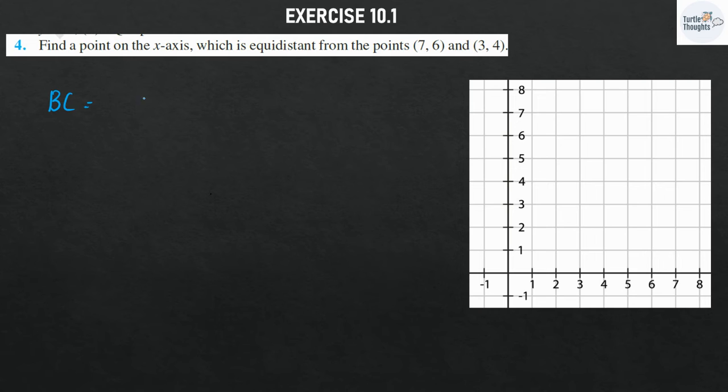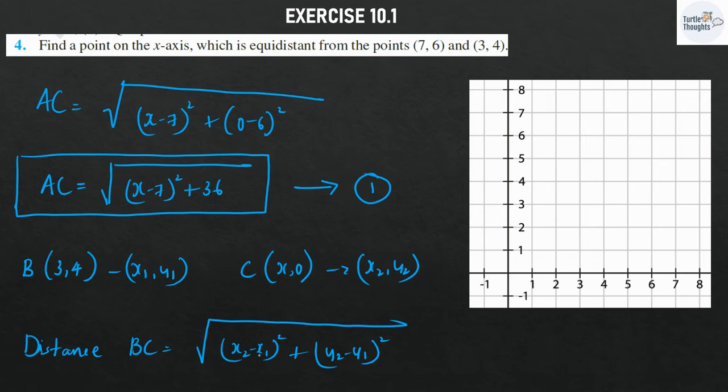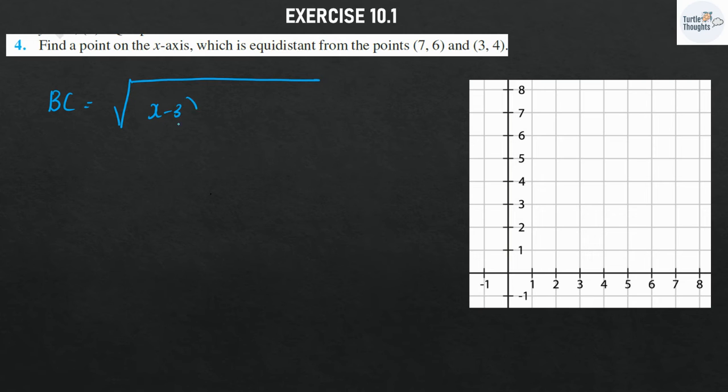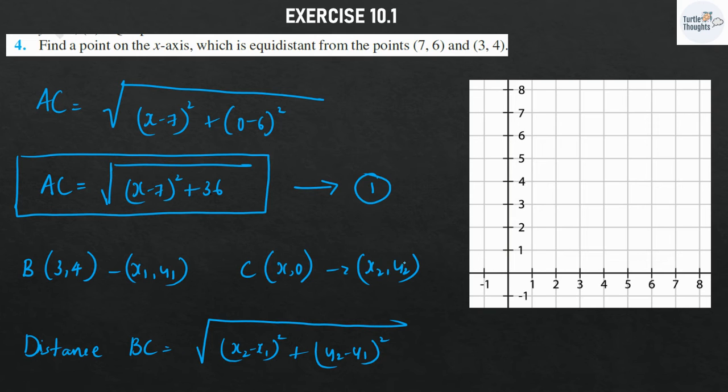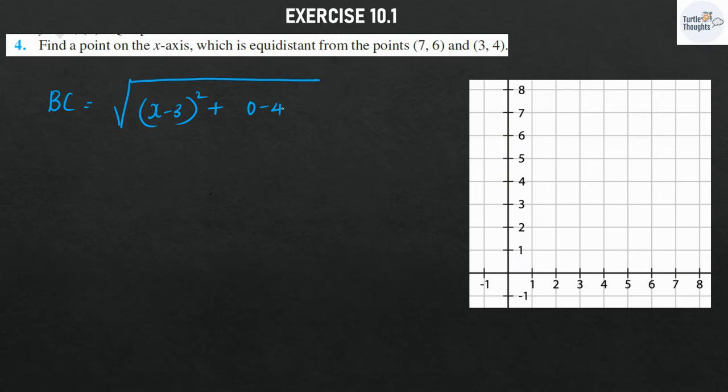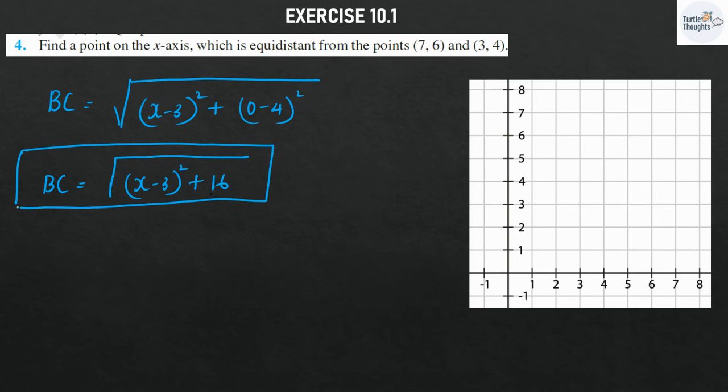Upon solving, BC is going to be equal to under the root (x2 minus x1), so (x minus 3) whole square, plus (y2 minus y1). So y2 is 0 and y1 is 4, (0 minus 4) whole square. So I will be getting BC is under the root of (x minus 3) whole square plus 16. You can consider this to be equation number 2.